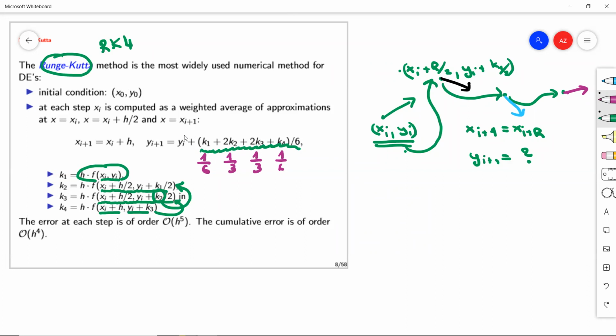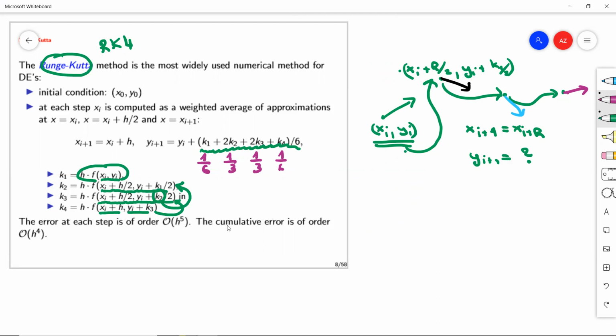So we won't go into the derivation of these formulas, but this is the idea behind them. The error at each step of the Runge-Kutta method of order 4 is of size O(h^5).